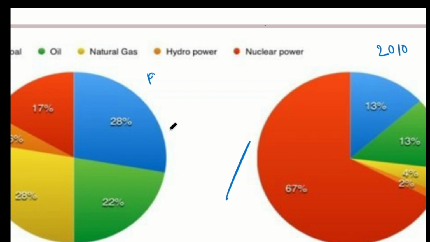In the first distribution, 1990, 28% shows coal, 22% shows oil, 28% shows natural gas, 6% shows hydropower, and 17% shows nuclear power.